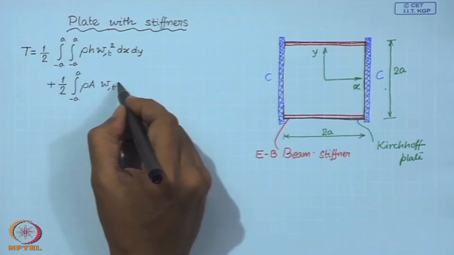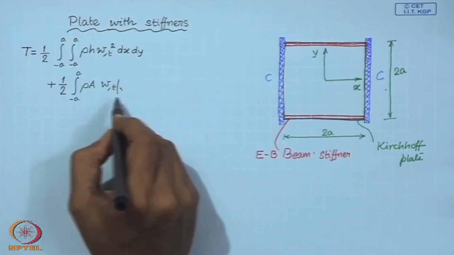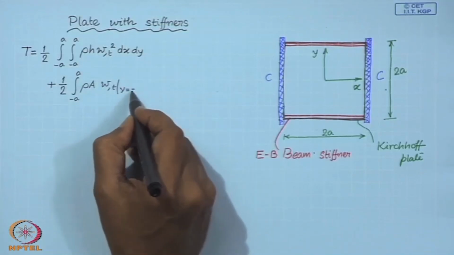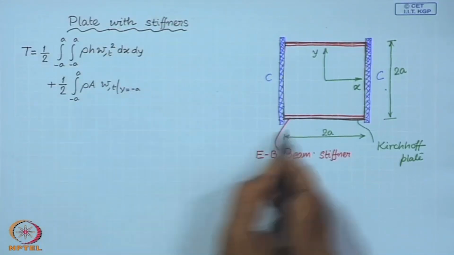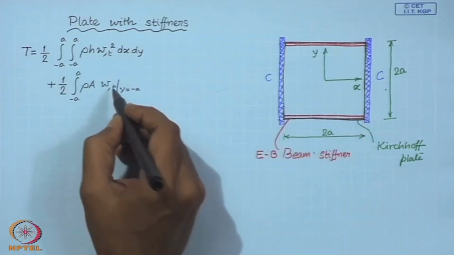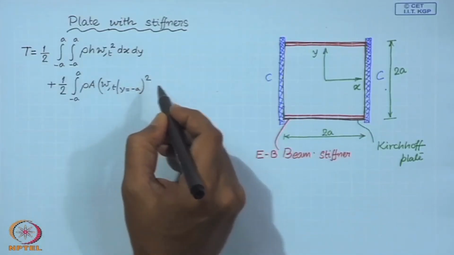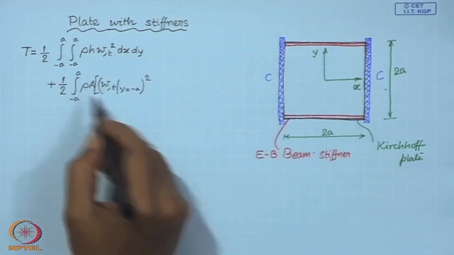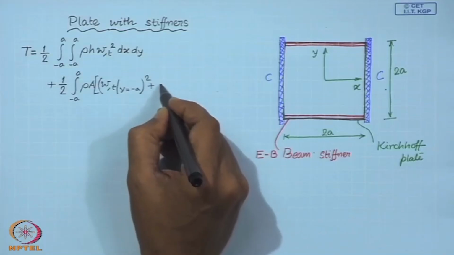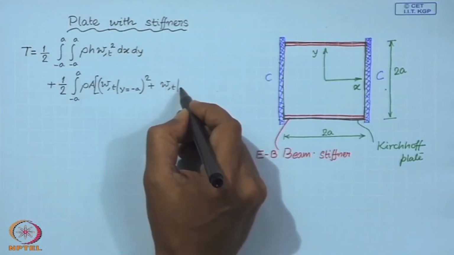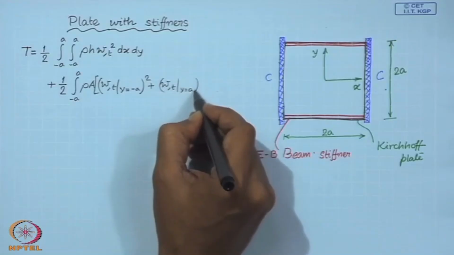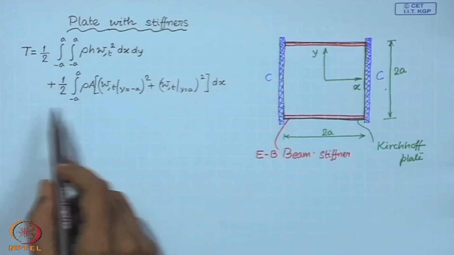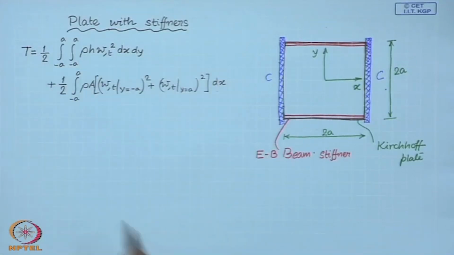So, this has to be calculated for this beam at y equal to minus a. We consider identical beams, so rho a is the same for both. So, that is the kinetic energy of the total system.